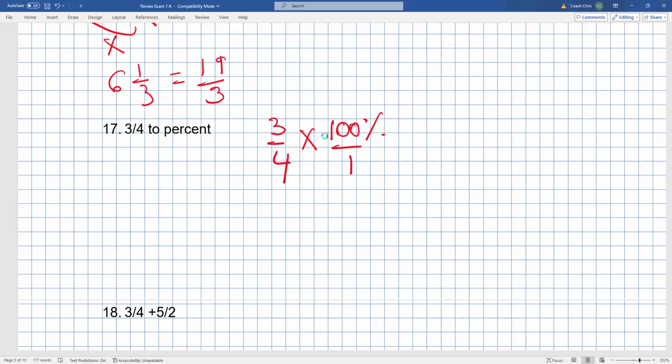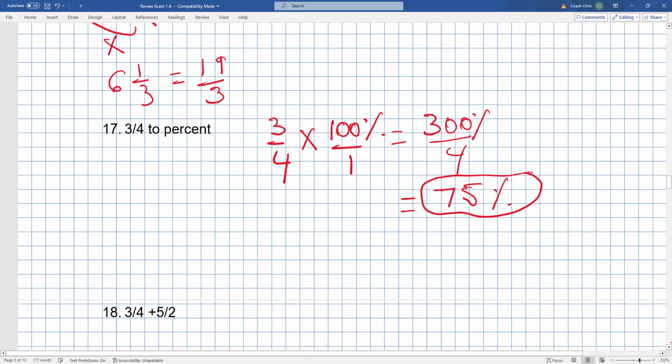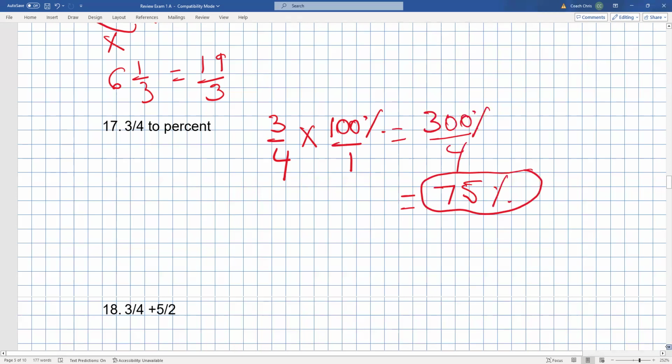Once you do that, you will have 3 times 100, you're going to have 300% divided by 4. When you have 300 divided by 4, you know this is 75%. Okay, do not forget the percentage sign. Your answer is not going to be correct otherwise.